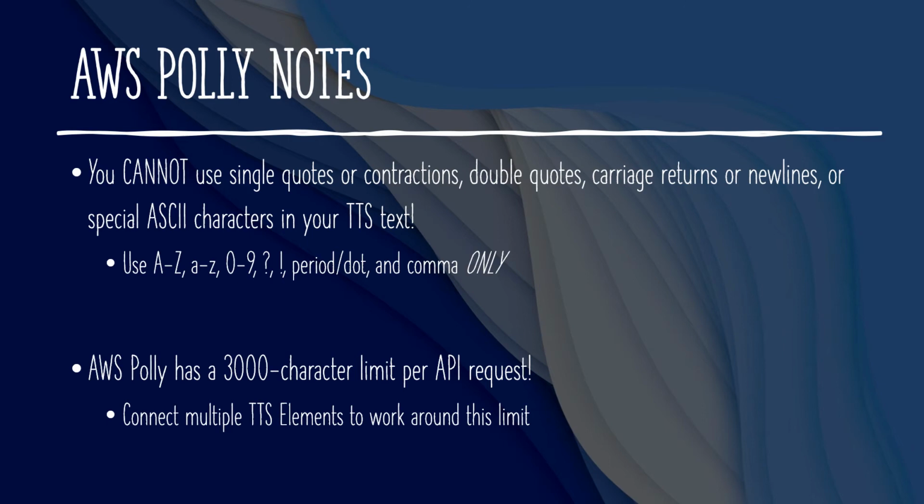Polly will automatically pronounce contractions without an apostrophe, like don't, correctly. AWS Polly has a 3,000 character limit per API request. If you send more than this in a single TTS element, you will get no audio. If you need to provide spoken word longer than 3,000 characters, simply break your message down into multiple text-to-speech elements and string them together in sequence within your dial plan.